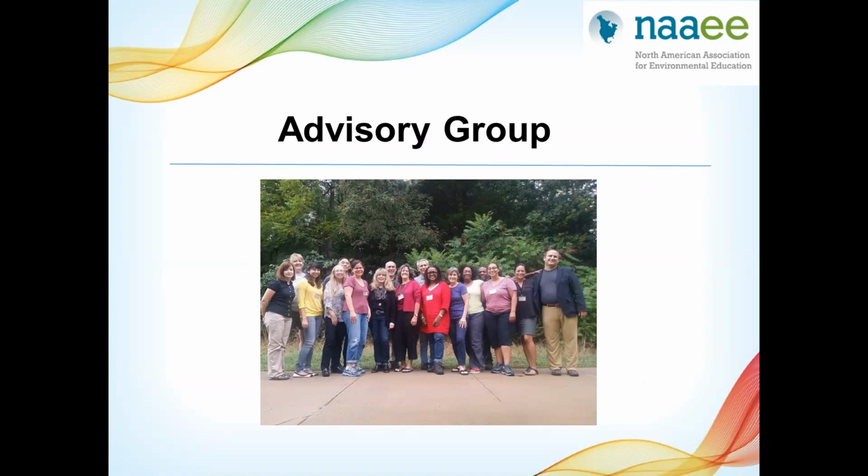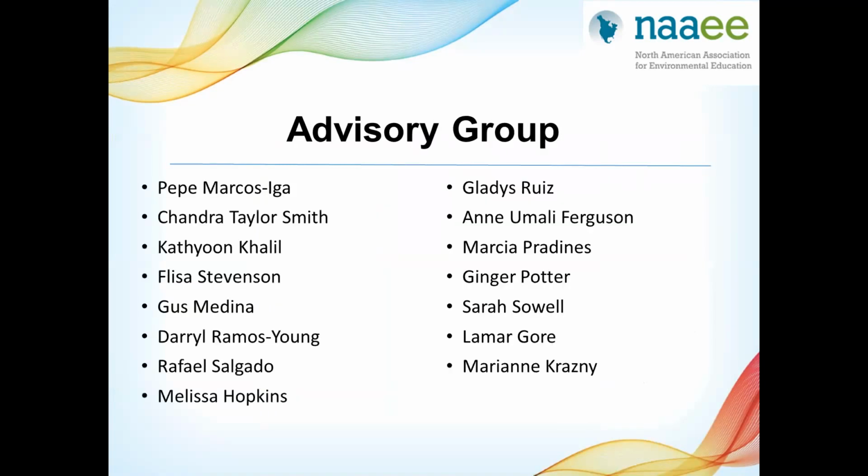We leaned heavily on the practice and the wisdom of an absolutely wonderful advisory group made up of national leaders. These people represented a variety of different backgrounds and areas of expertise related to working with communities. They were instrumental to the development of the guidelines at each and every stage.